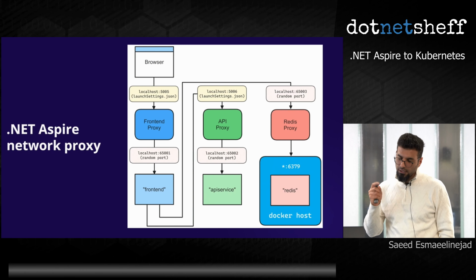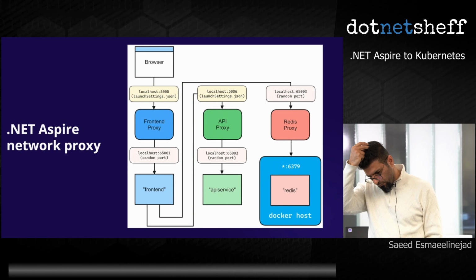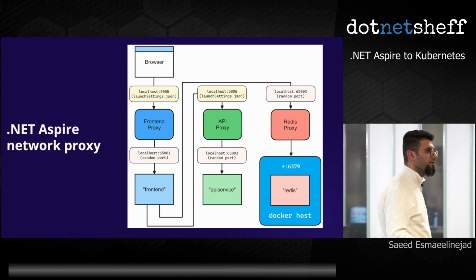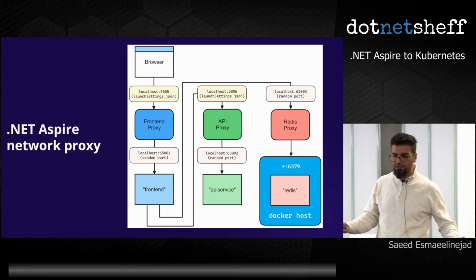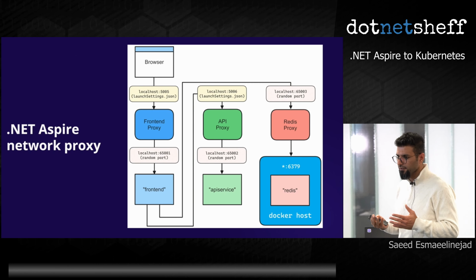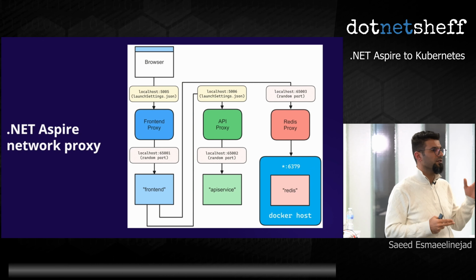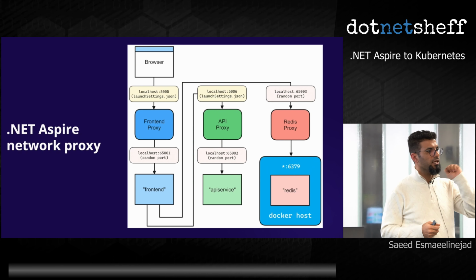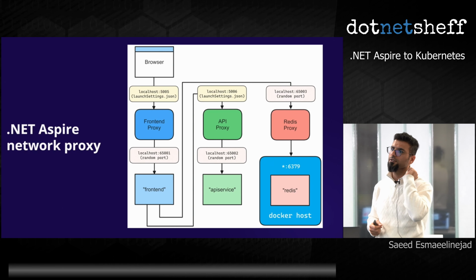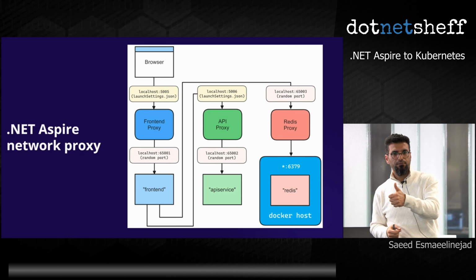How about the proxy? When we are talking about service discovery, service discovery is nothing but a mapping of a label. You put a label on a service, for example, you put a label on Redis.